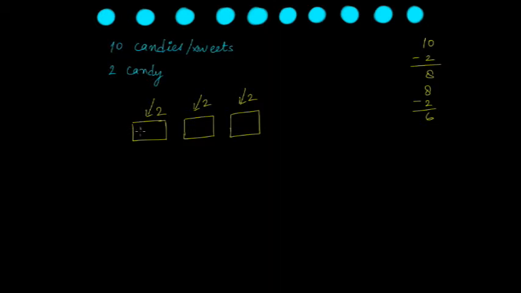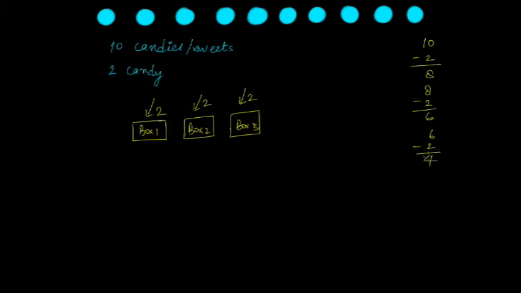This was box 1, this is box 2, this is box 3. Now you're left with 6 candies. Since you have put 2 candies more here, 6 minus 2 is 4.